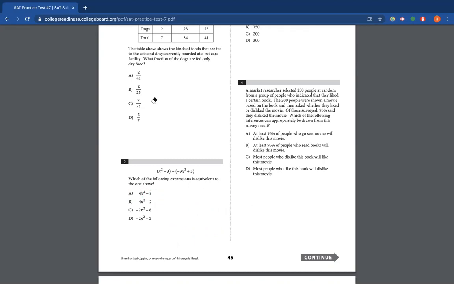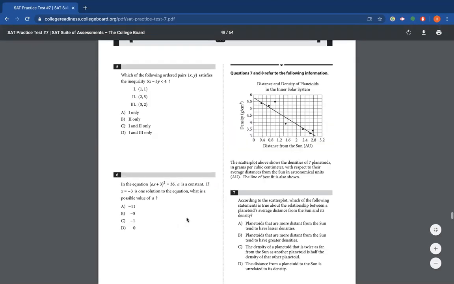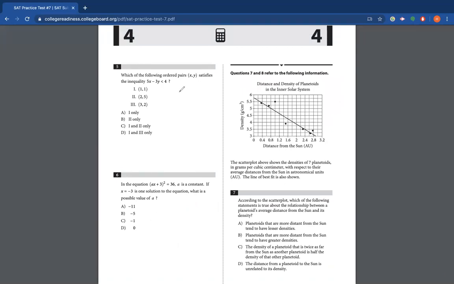Let's see. 5. Which of the following ordered pairs satisfies that inequality? We could just plug this in over here and see what answer we get. Plug in 1, 1. And we get 2 is less than 4. So 1, 1 is correct. Plug in 2, 5.